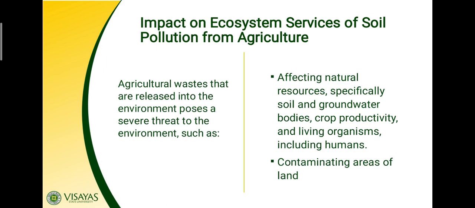Soil pollution ultimately impacts ecosystem services such as natural resources, specifically soil and groundwater bodies, crop productivity, and living organisms, including humans. So, agricultural waste that is released into the environment poses a severe threat to the environment.